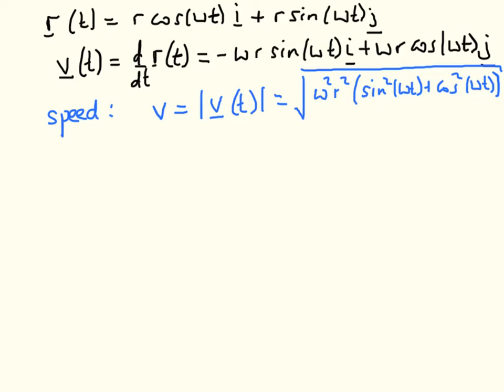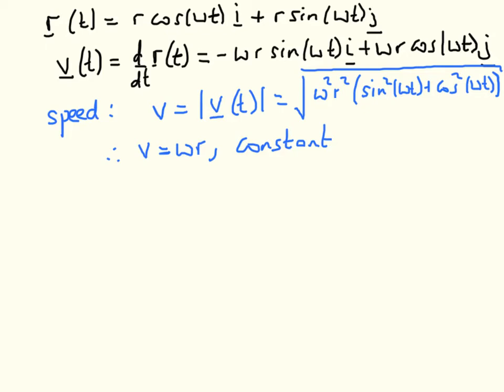So therefore the speed is omega r, and this is constant. It does not depend upon the time. So this description here corresponds to motion with constant speed around a circle.